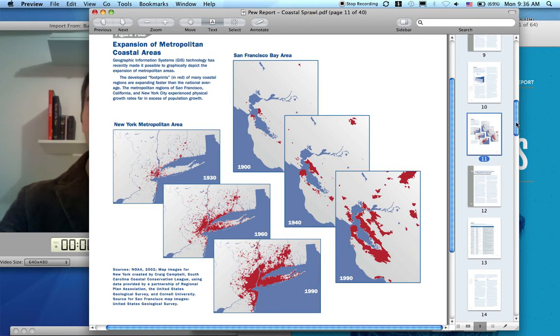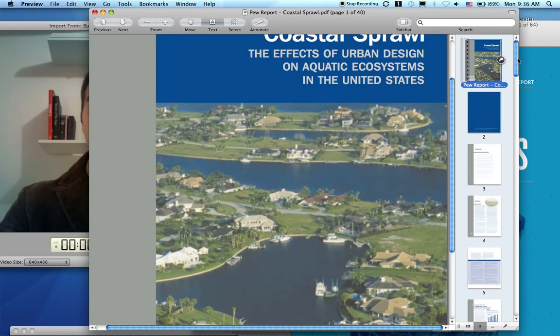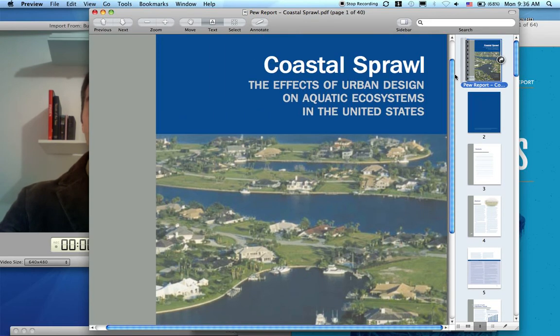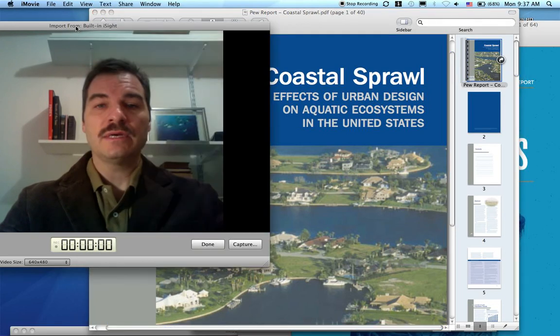So what we're starting off with is this report by the Pew Ocean Commission. Very recent data, and it's going to be looking at the urban design and the effect of these ever-increasing footprints on the aquatic ecosystems, thereby being the coastal regions of the United States.